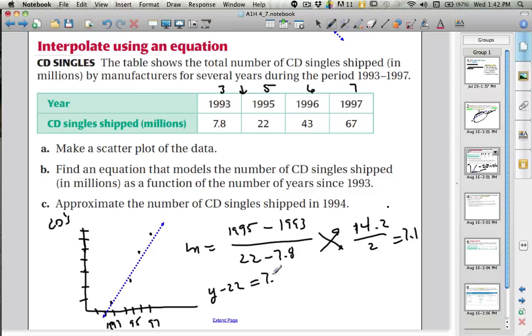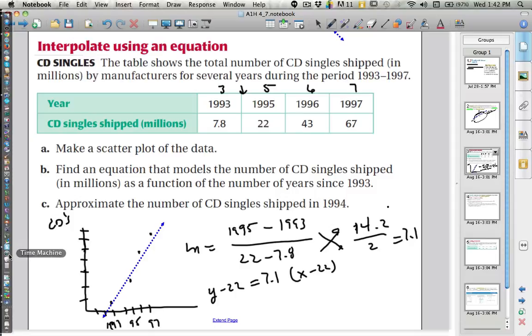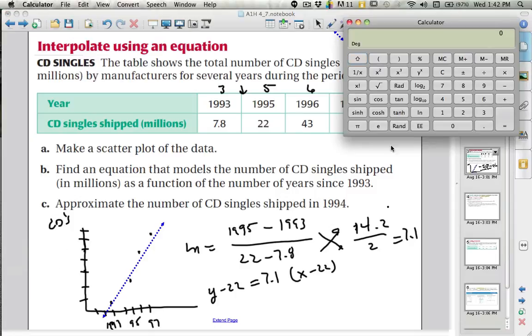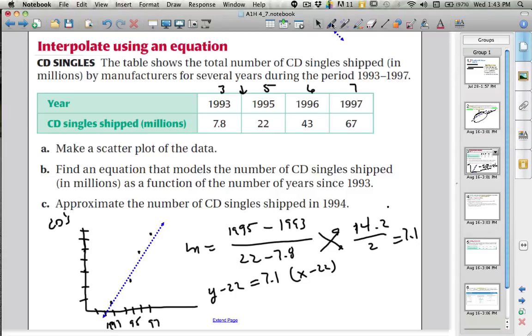Equals 7.1 times x minus 22. I'm going to use a calculator to do 22 times 7.1, which is 156.2. So I'll have 7.1x minus 156.2.